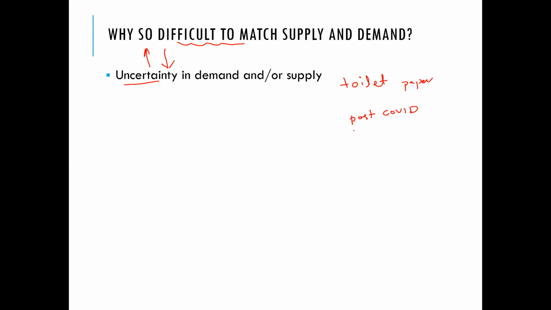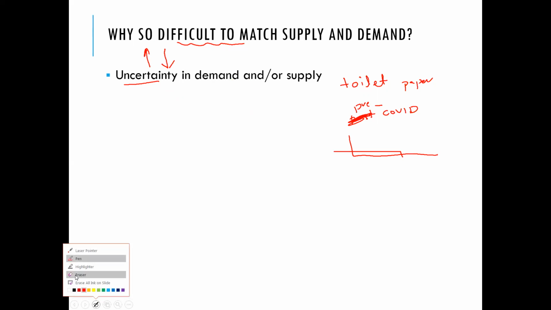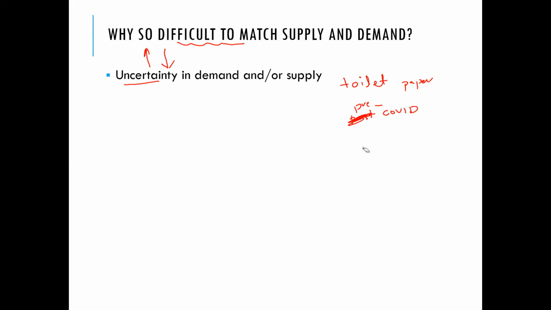The demand fluctuation was pretty stable. I'll try to explain it using a graph.